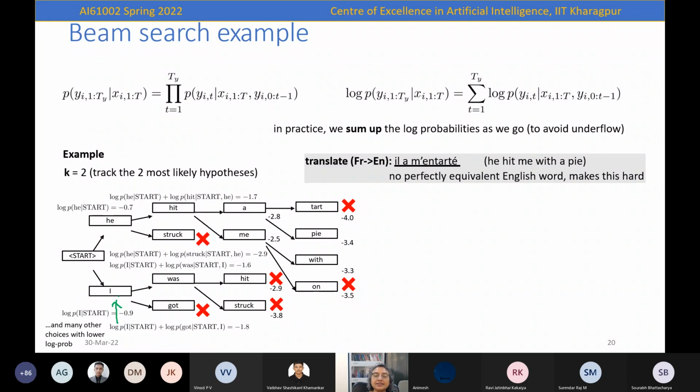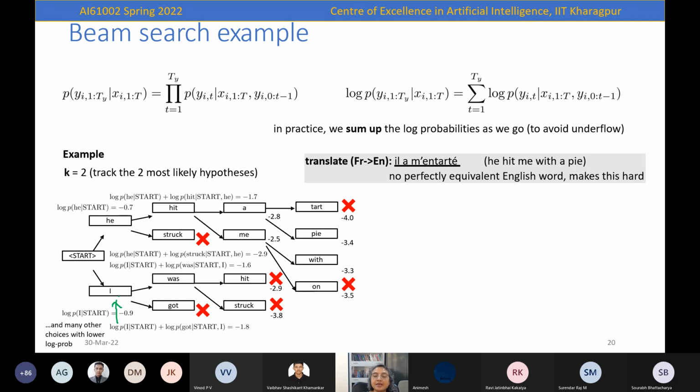So you have four sequences: he hit, he struck, I was, I got. And for these four sequences, you are going to try to find their likelihood, find their score. Based on the score, you keep the two most promising ones. In this case, he hit and I was are more promising, so you prune the other two.